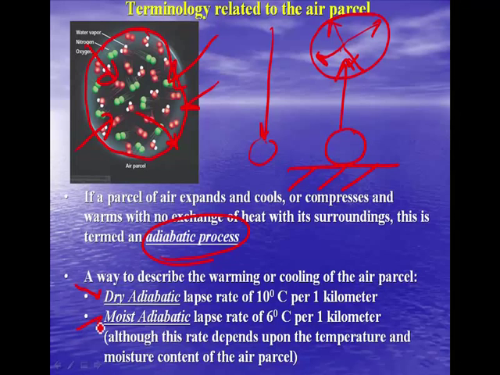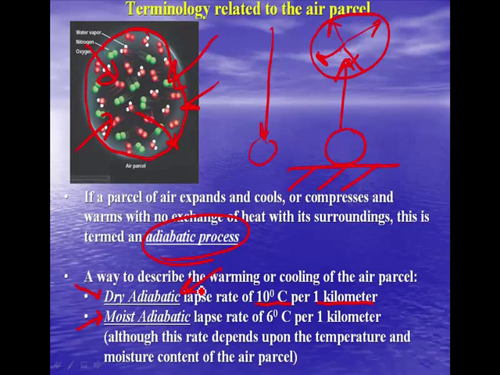At that point, any change in temperature would be the moist adiabatic lapse rate. You see, the rate of heating or cooling is about 10 degrees Celsius per 1 kilometer for the dry adiabatic lapse rate. And we'll give specific examples on that in just a moment.